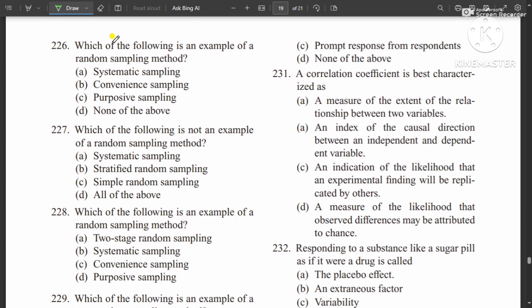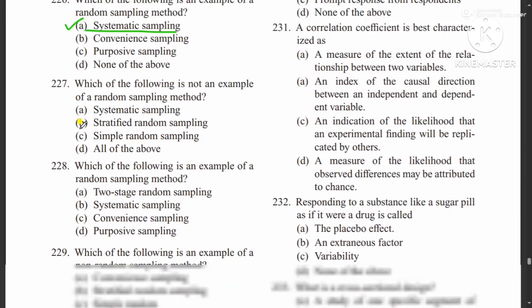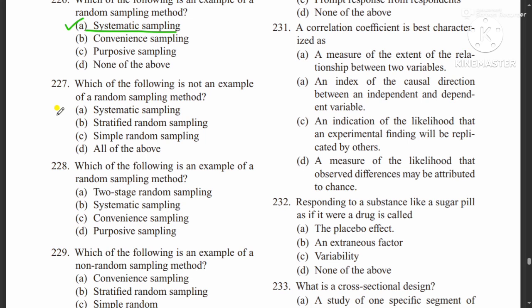Which of the following is an example of a random sampling method? Systematic sampling. Option A is correct. Which of the following is not an example of a random sampling method? Systematic sampling.